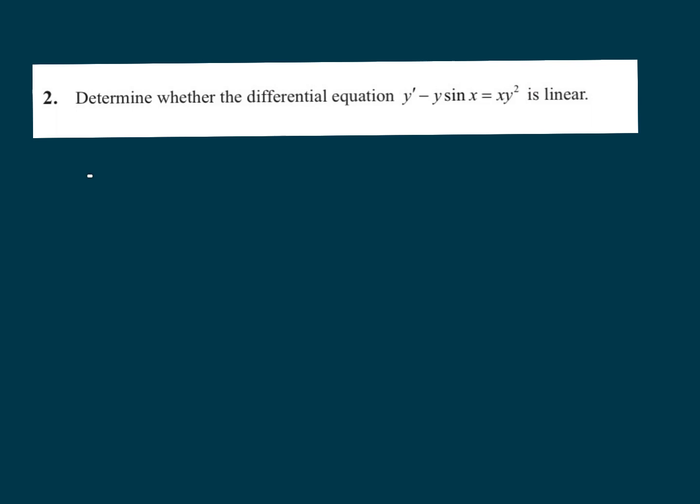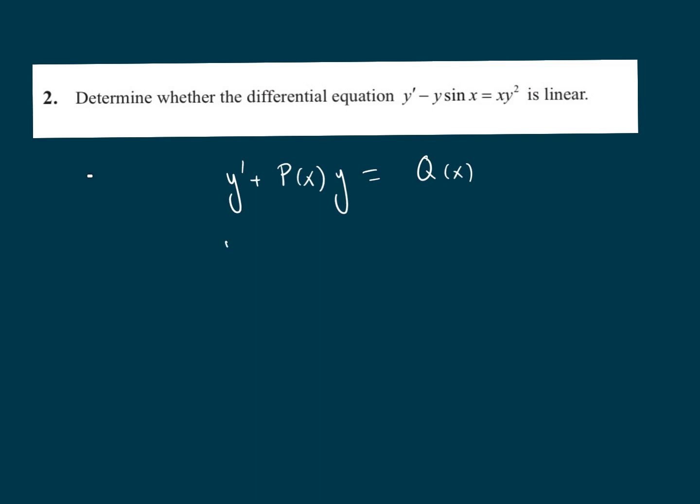Second problem: determine whether the differential equation y prime minus y sine of x equals x y squared is linear. The structure of a linear equation is y prime plus p of x times y equals q of x, so something on the right side of the equation that depends only on x.